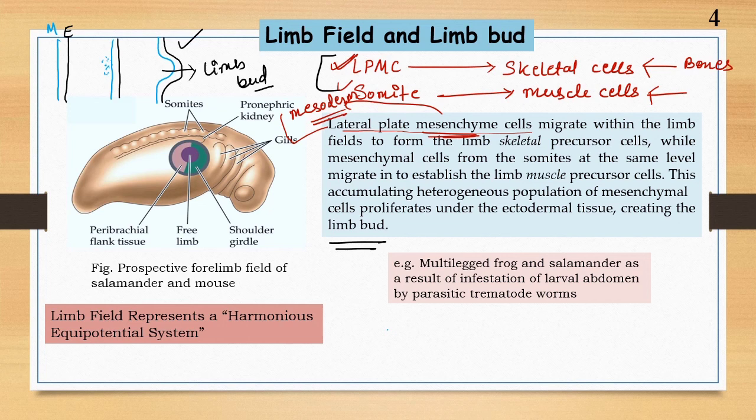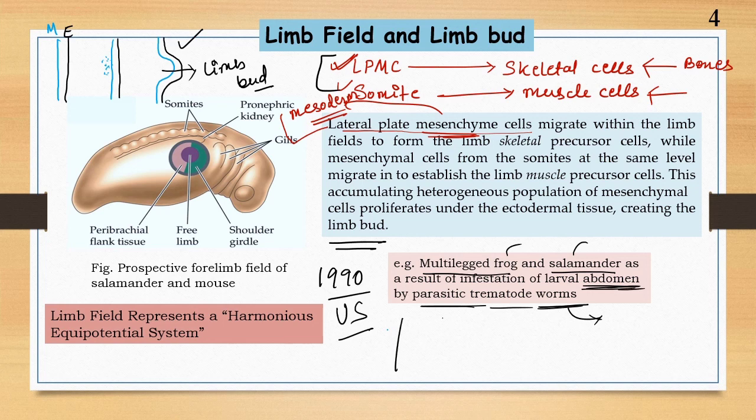And there is another very good example to prove how the limb bud and limb field have a harmonious equipotential system. Back in the 1990s, multi-legged frogs and salamanders were found in various ponds of the US. When further investigation was done, it was found that the larval forms of frogs and salamanders were getting infected with parasitic trematode worms, and the worms were laying eggs in the abdomen.